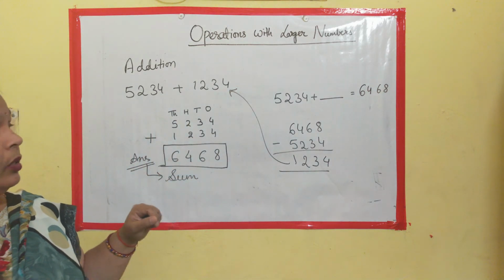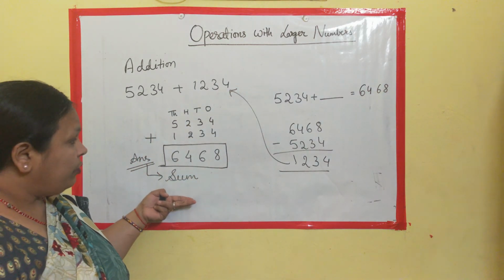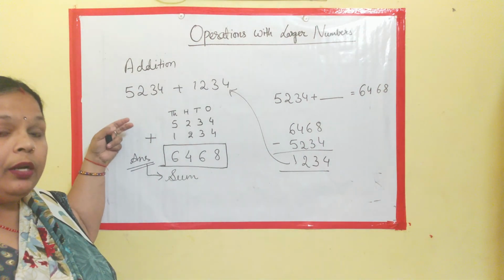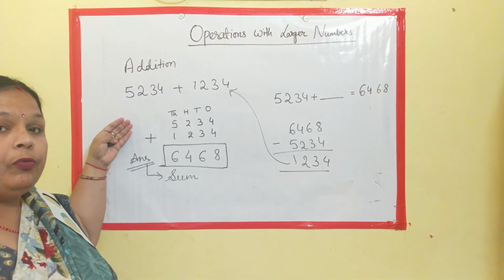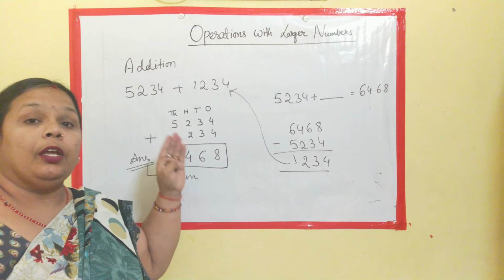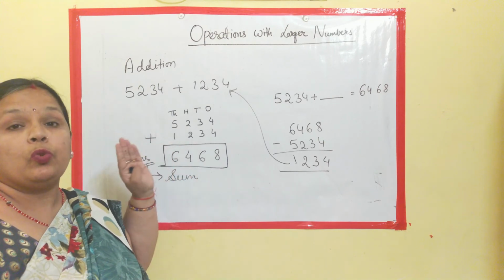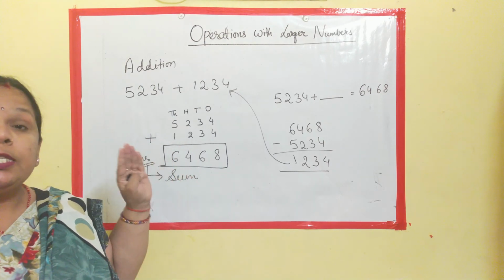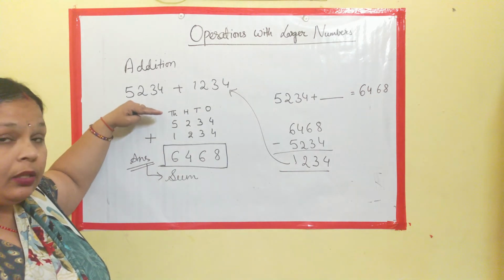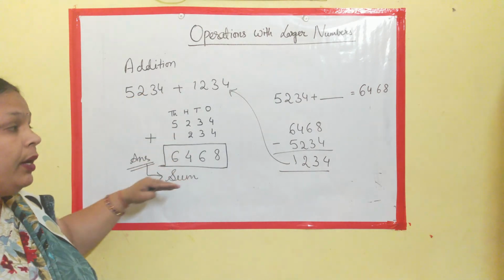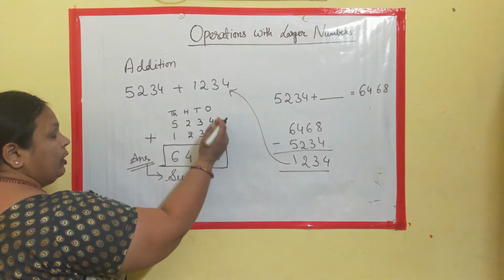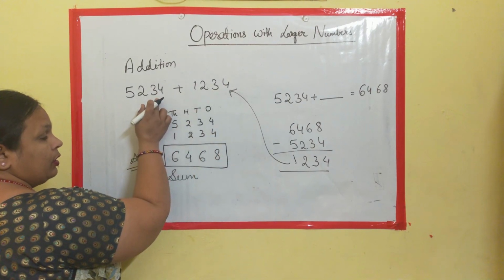Clear? So, based on the addition part, the way we were doing 4-digit numbers, we can do 5-digit numbers also, and 6-digit numbers also. Simply write the place values, start writing the number from the right, that is from the ones digit. Clear?